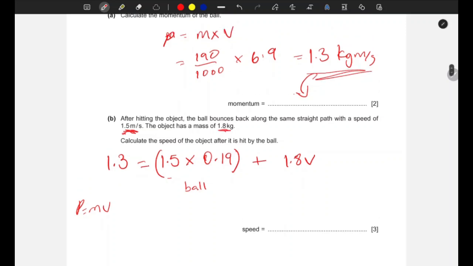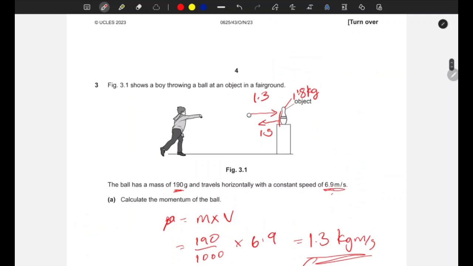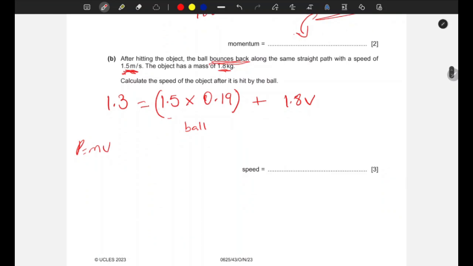But in this question, the ball bounces back. That means the velocity is in the opposite direction, so now we have to use minus 1.5 instead. Now we just solve for v. So 1.3 equals minus 1.5 times 0.19, that would give us minus 0.285 plus 1.8 v.